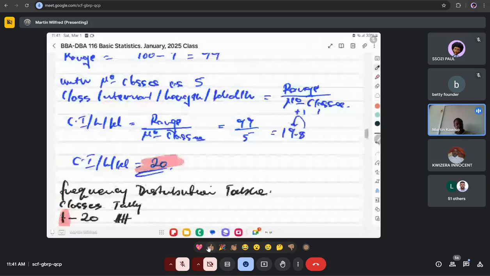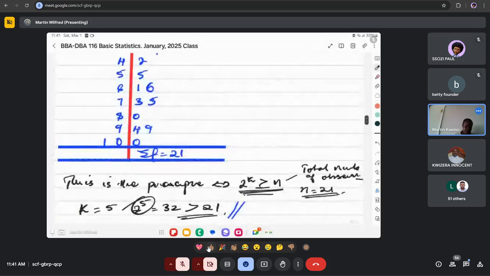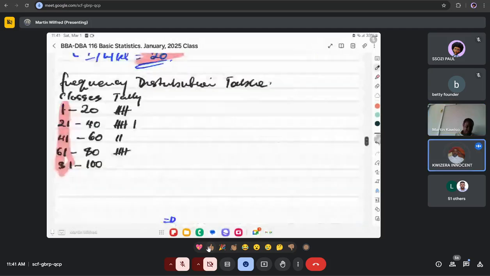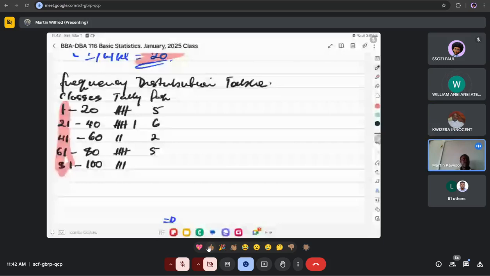We have 90, 94, 99, and 100. So these are 3. Then our frequency is 5, 6, 2, 5, and 3. So 5 plus 6, 11 plus 2, 13 plus 5, 18, 18 plus 3, 21. How many were observations? There are 21.